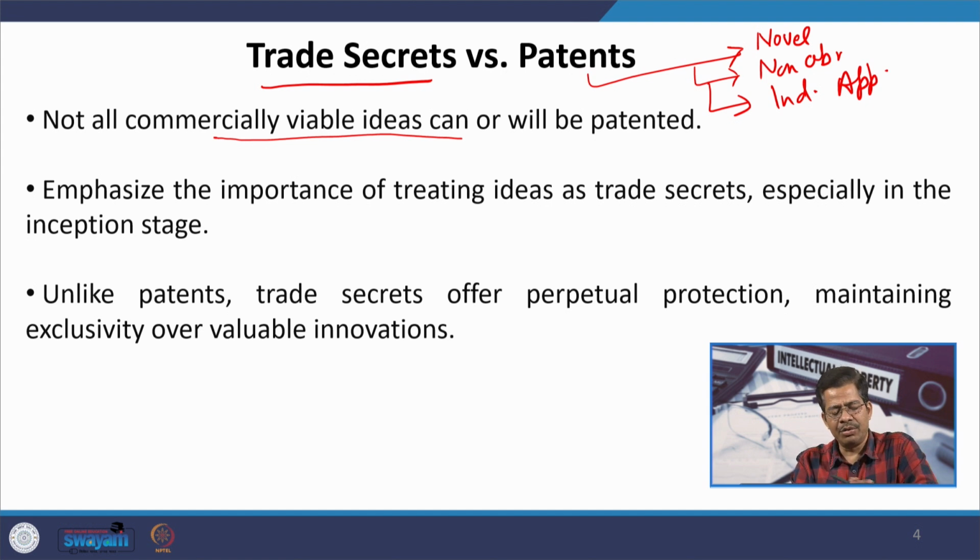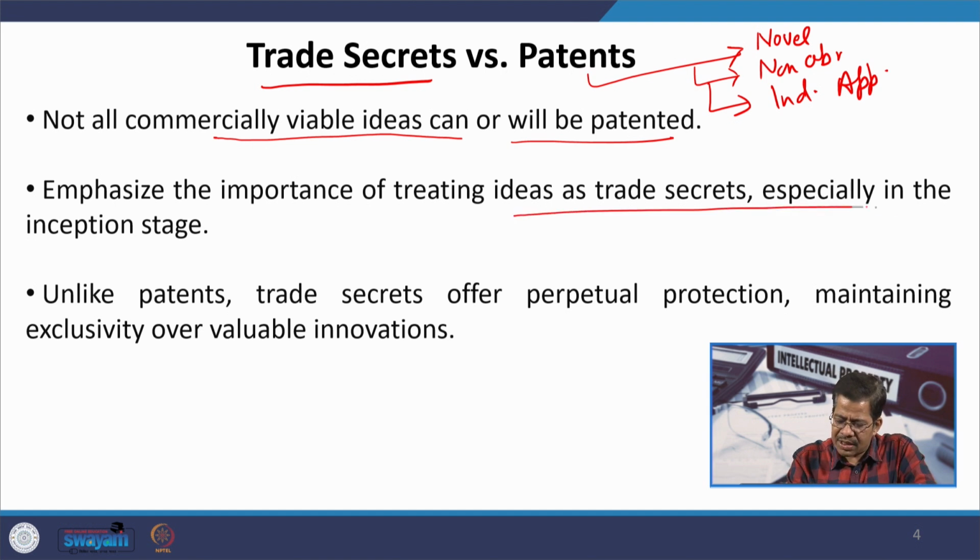Generally, you go to a restaurant where you find some dish is very tasty. So, the chef will say that it is my trade secret, because they know that if they give the ingredients and other things of that recipe of the dish, you will easily be able to make that in your home. So, trade secret is because either it is not patentable or it is not easy to maintain the patent, both things.